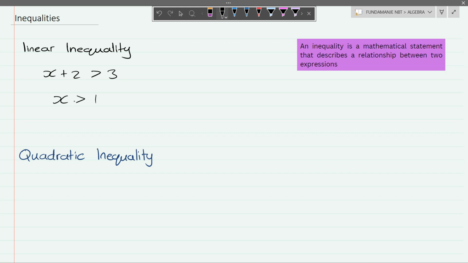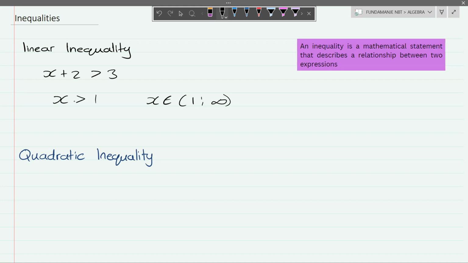This means that x cannot be 1, but x can be any value that is greater than 1. So to put that into perspective, x can be any value between 1 and infinity.